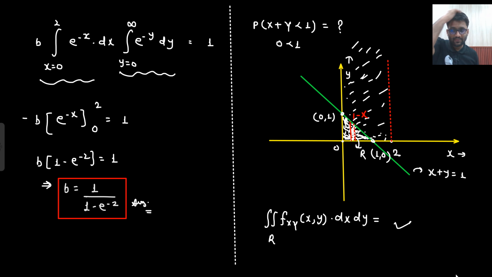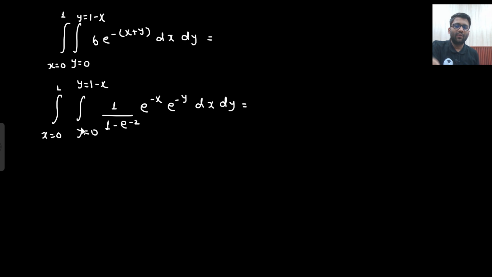The value of b was 1 upon 1 minus e to the power minus 2, e to the power minus x, e to the power minus y, dx dy. I told you one thing, always we will first integrate with respect to y, because this is the variable limit. So 1 upon 1 minus e to the power minus 2 outside.